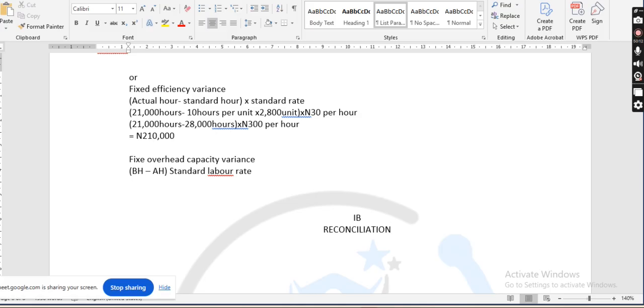I'm starting with budgeted profit. You can start with actual profit to arrive at budgeted profit. Reconciliation of actual, or you say reconciliation of budgeted and actual profits for the month.